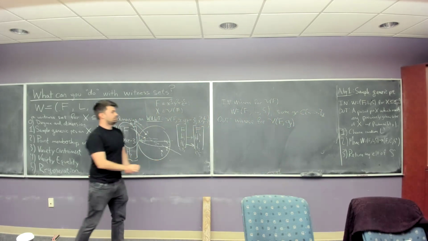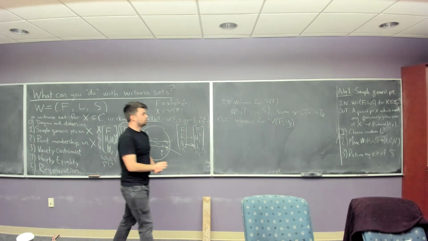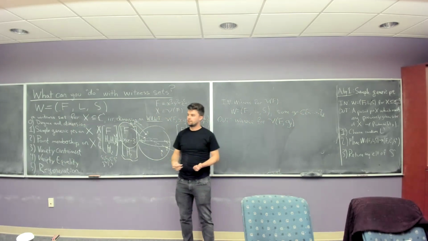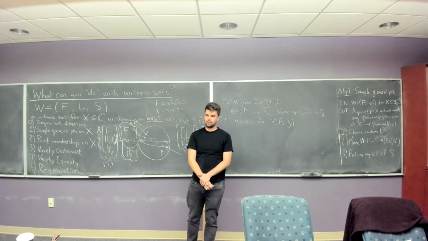What do you got? You got a witness set for some variety. And you want a witness set for that variety sliced with some hypersurface of degree t, defined by G.